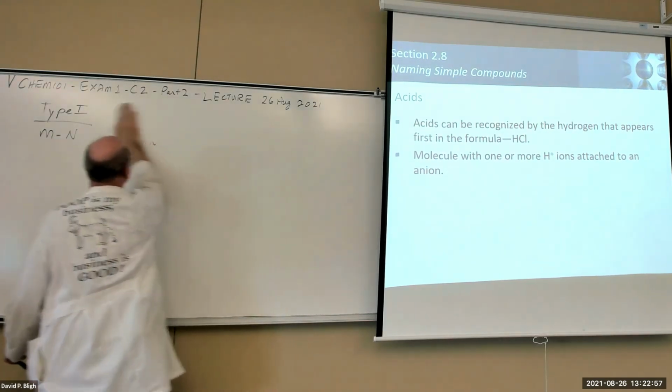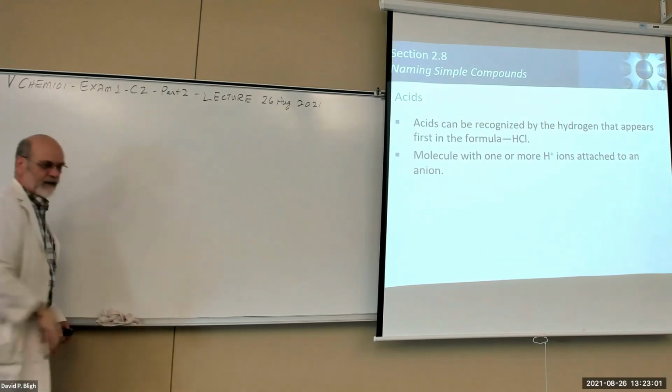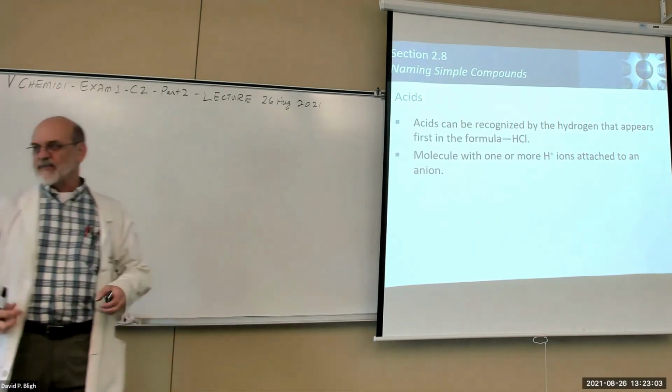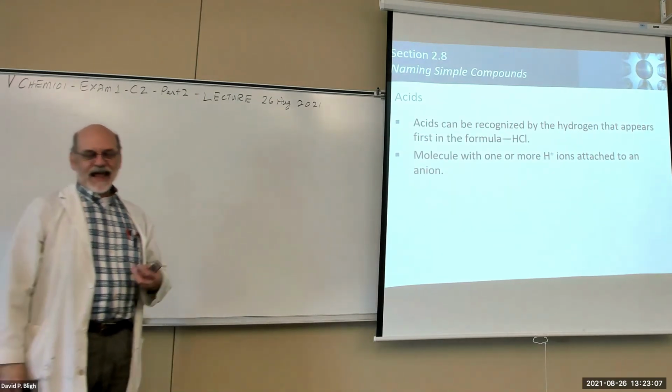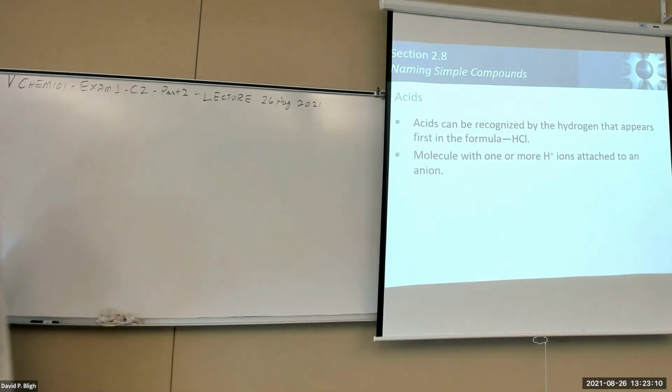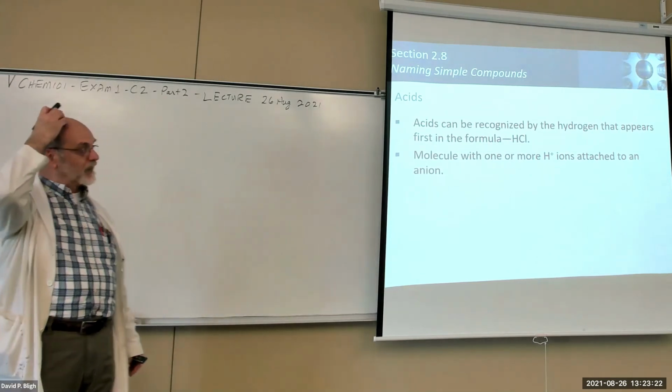Now, believe it or not, that binary naming convention was the easy part. Now we have to name acids. And acids are sort of grandfathered in from ancient times. What we've tried to do is standardize the naming convention. So here's what we've come up with.